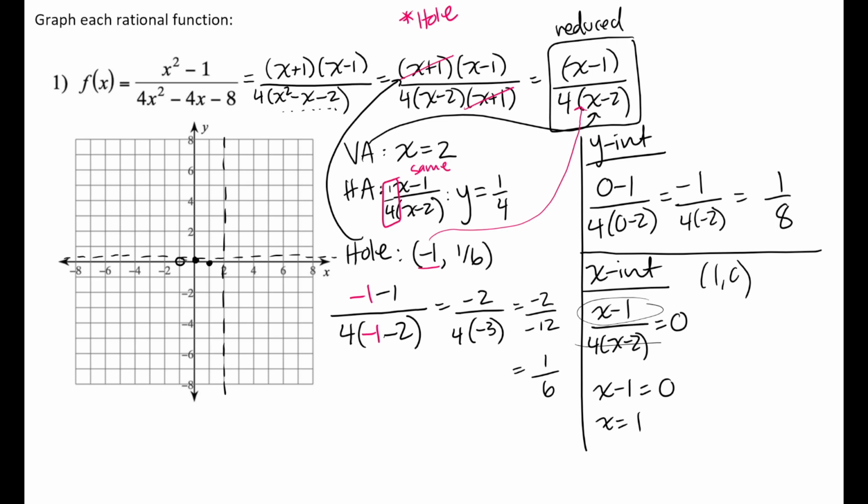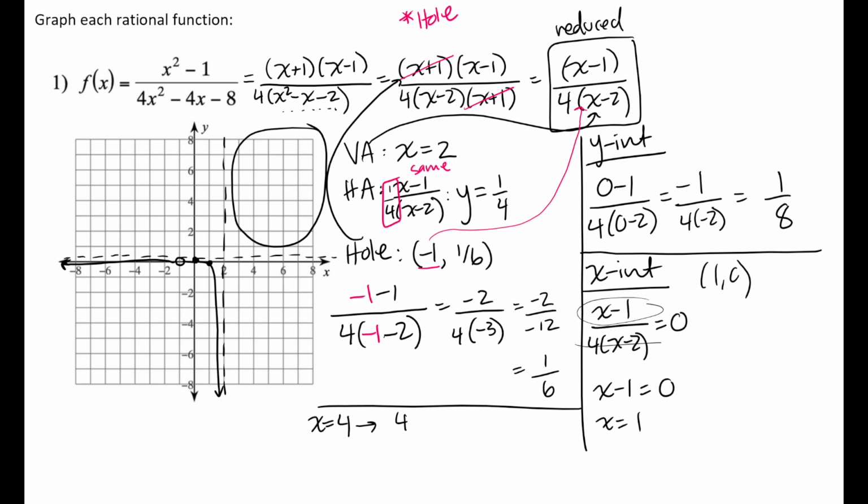So we have 3 points that end up making this part of the curve. I still need 2 more on the other side, so I'm just going to pick 2 numbers that will give me something in this space. I'm going to go ahead and choose, let's do 4 and maybe 6. Okay, so when x equals 4, I'll plug it in.